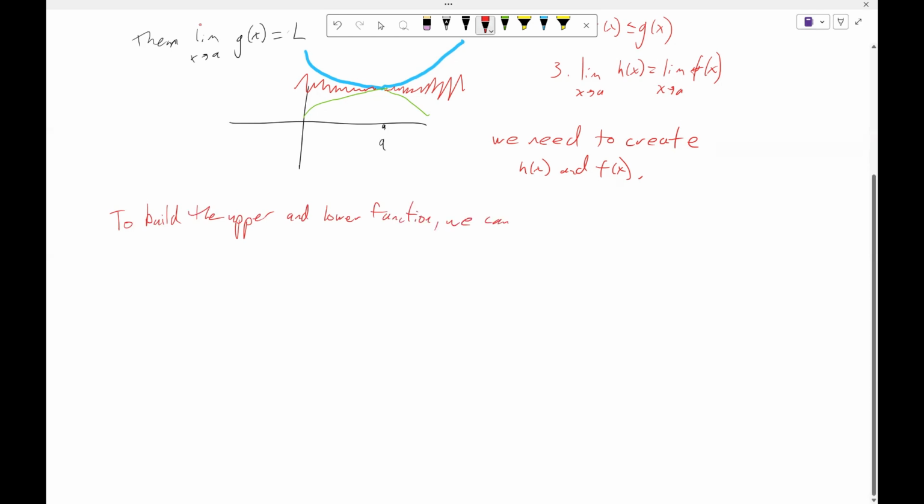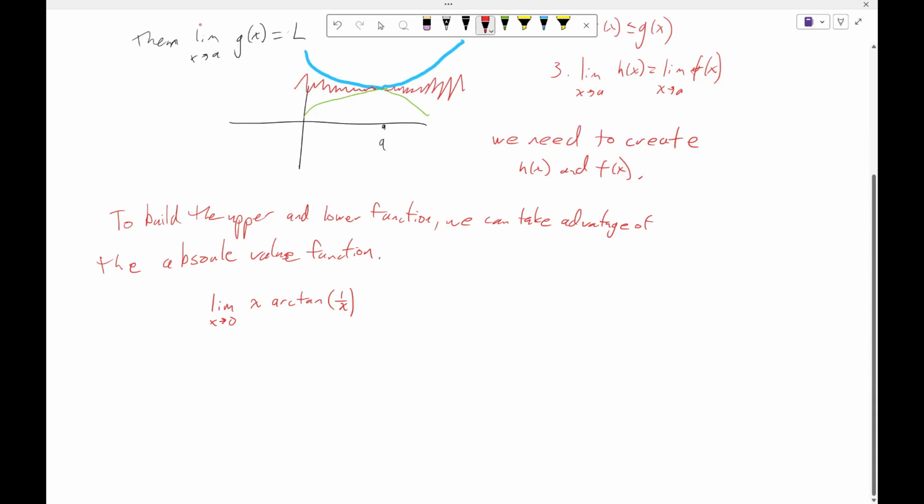To build the upper and lower function, we can take advantage of the absolute value function. So here, to understand this, I'm going to take the limit as x approaches 0 of x arctan of 1 over x.